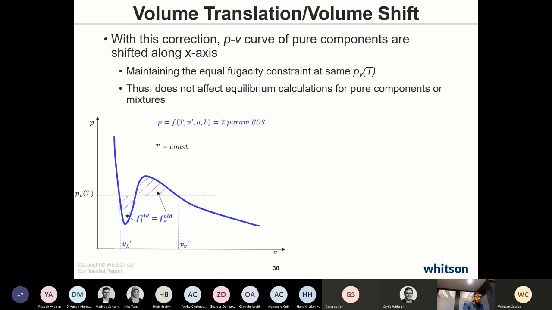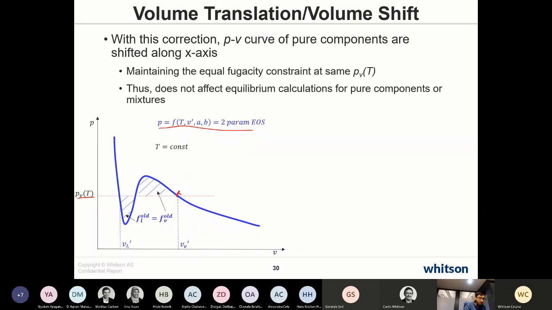If we make, for example, a pressure-volume diagram for a pure component with a 2-parameter cubic equation of state model, we know that the function looks like this. At the vapor pressure, the liquid phase density is this point, and the vapor phase density is at this point, and we disregard this middle root. These are the fugacities that should be equal.